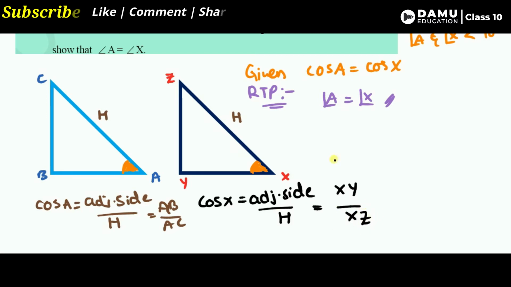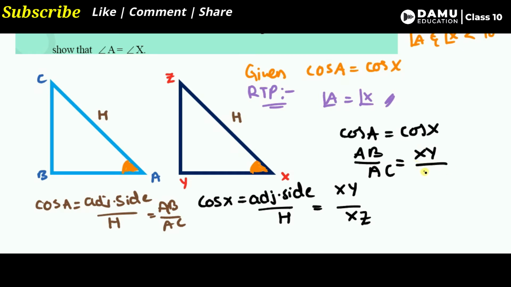So these two are equal, since cosine A is equal to cosine X. Cosine A is AB by AC, and cosine X is XY by XZ.